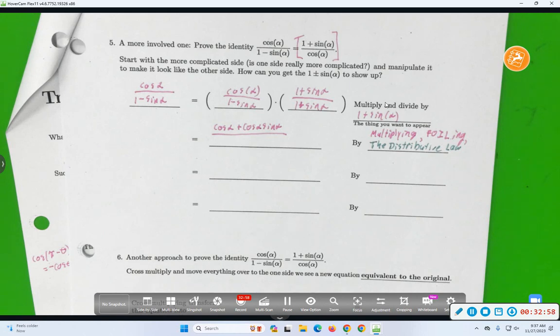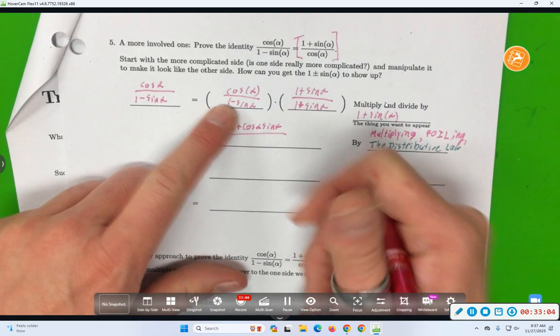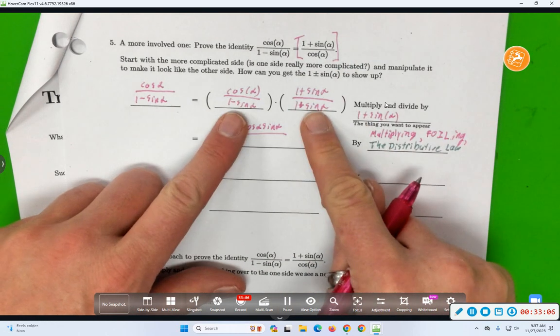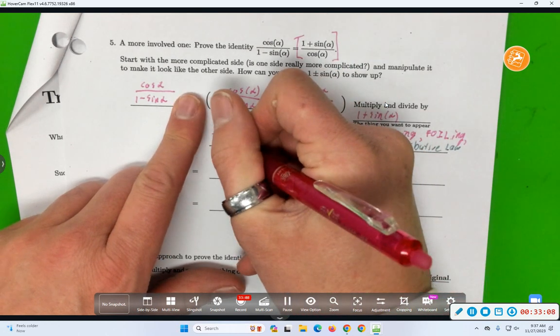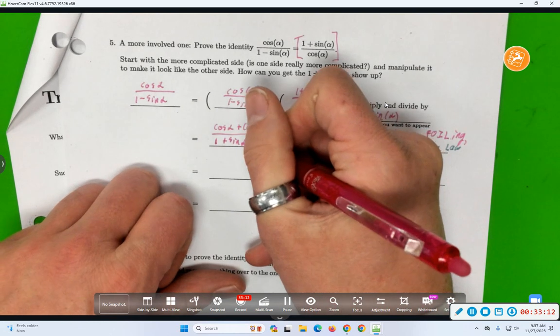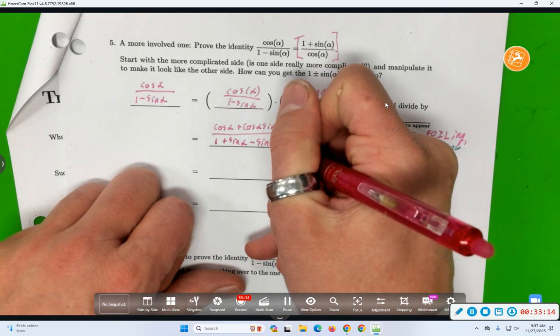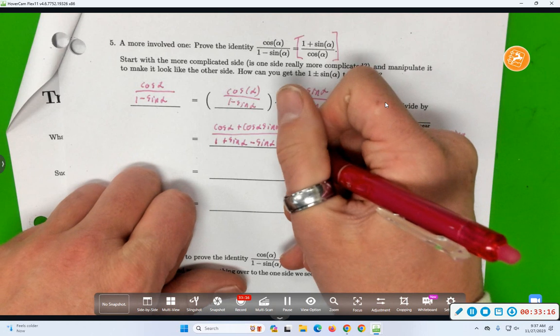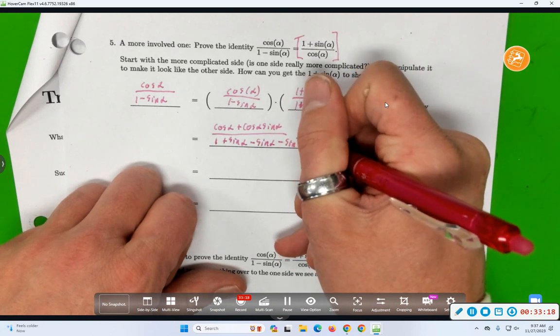Let's see, FOIL is an acronym, right? First, outside, inside, last. First times the first is 1. Outside plus sine alpha. Inside minus sine alpha. Last minus sine squared alpha.